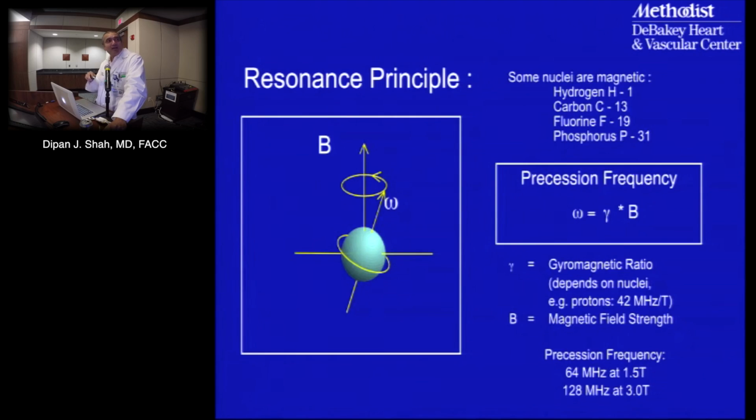For example, at a field strength of 1.5 Tesla, the gyromagnetic ratio here is 42 megahertz per Tesla. If you multiply that by 1.5 Tesla, you get a precession frequency of about 64 megahertz on a 1.5 Tesla system. On a 3 Tesla system, you have a precession frequency of 128 megahertz.